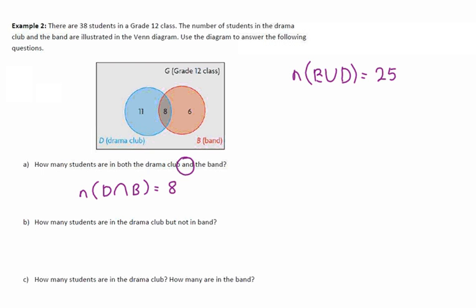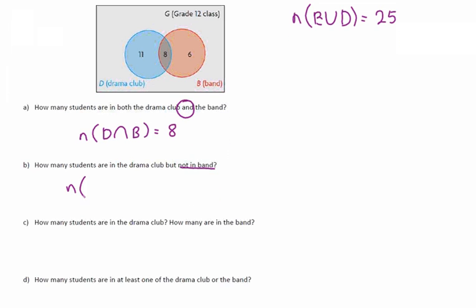It's really short. How many students are in the drama club but not the band? How do we write that? In drama, not band. How many are in drama but not band? 11. How many students are in the drama club altogether? 19.